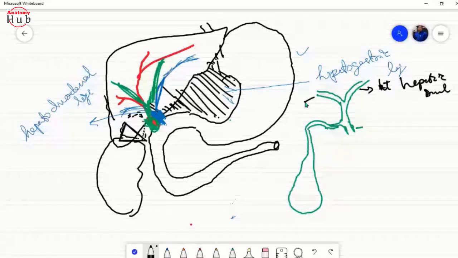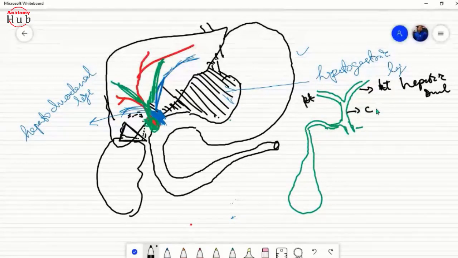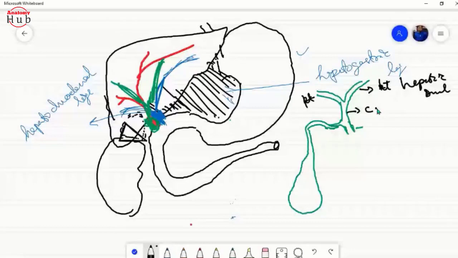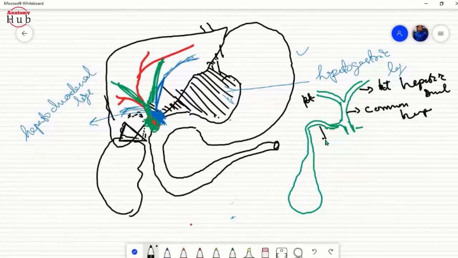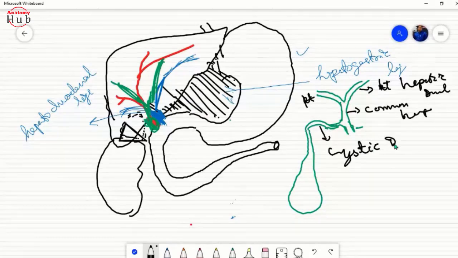So this will be your common hepatic duct, and this duct is known as your cystic duct. So when the cystic duct and the common hepatic duct unite, that forms the common bile duct.